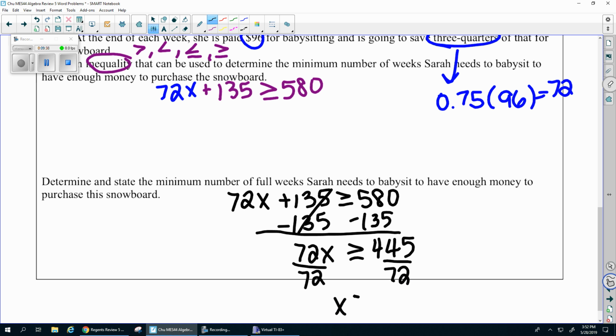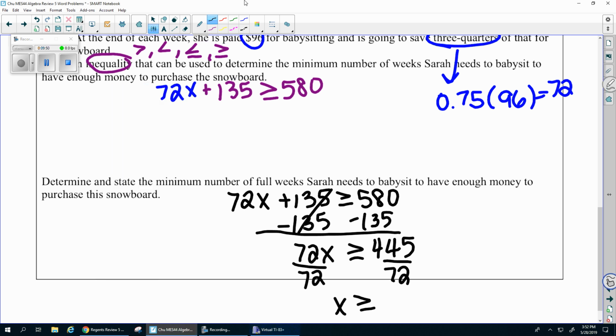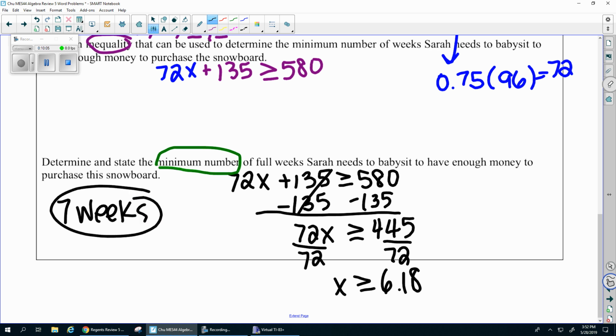X has to be greater than or equal to 445 divided by 72, and I get 6.18. So if it has to be greater than or equal to 6.18, the minimum number of weeks, it's a whole number, x has to equal 7. We cannot have 6 weeks because 6 is not greater than or equal to 6.18. That's not true, which is why we cannot use it.